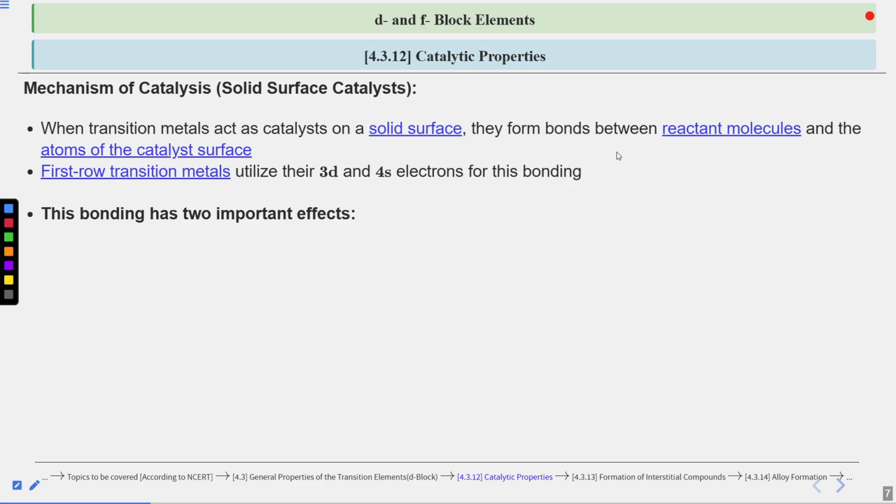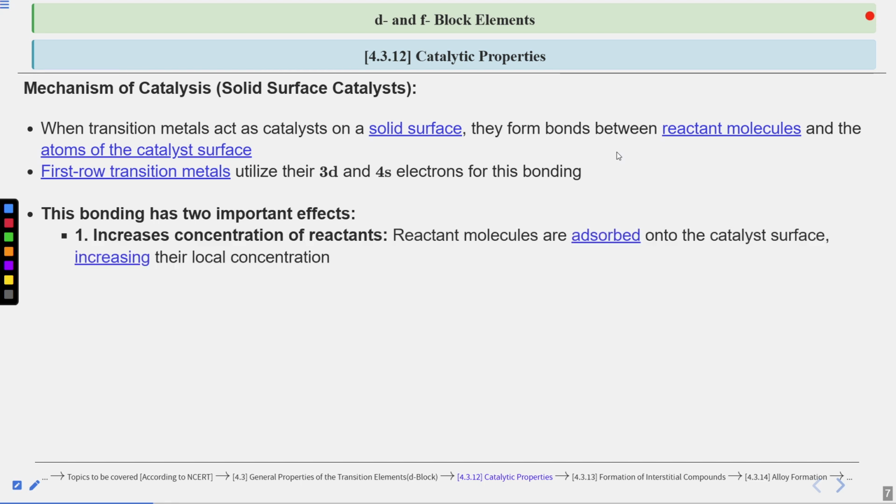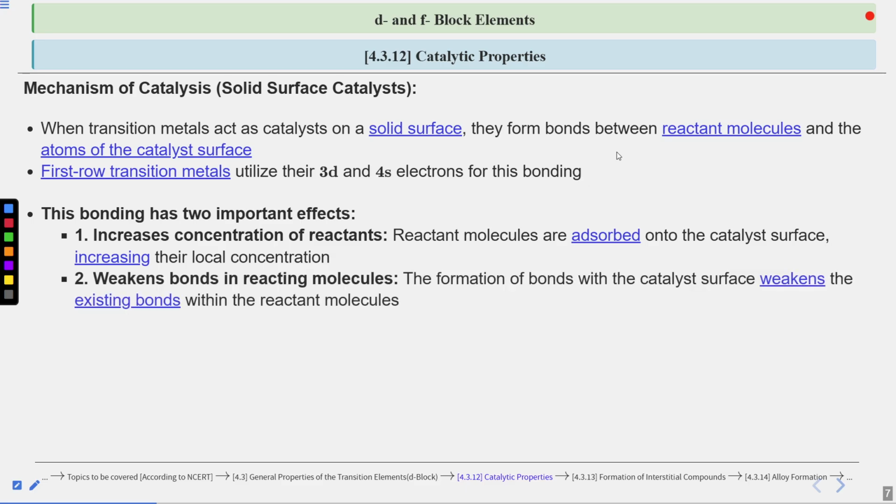This bonding has two important effects. The first is that it increases the concentration of reactants. When reactant molecules are adsorbed onto the catalyst surface, their local concentration increases. The second effect is that it weakens the bonds in the reacting molecules.